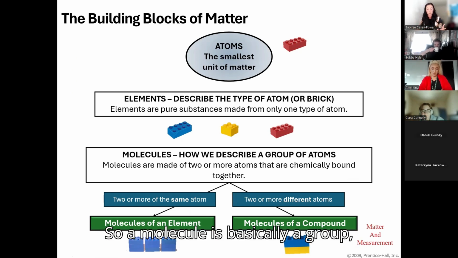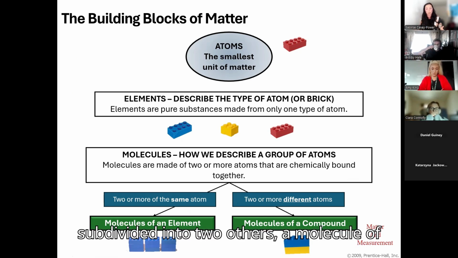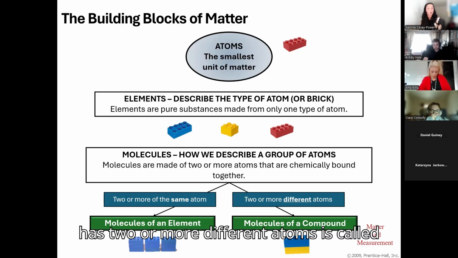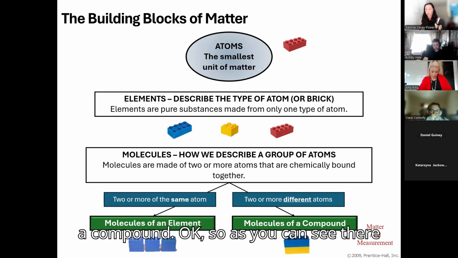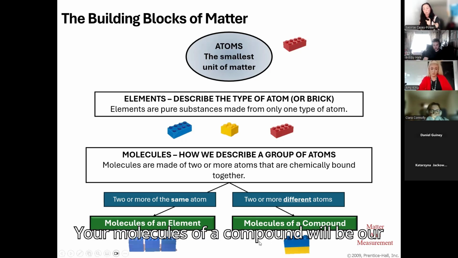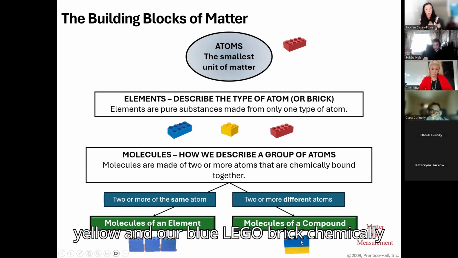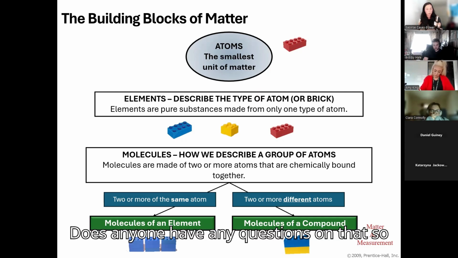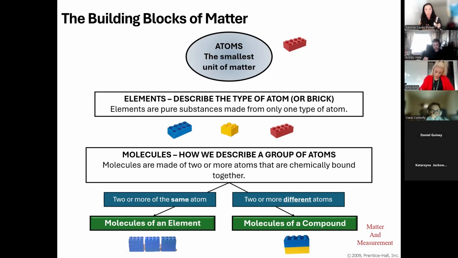So a molecule of an element has all one type of atom, and a molecule that has two or more different atoms is called a compound. As you can see in the diagram, a molecule of an element would be a stack of blue Lego bricks. A molecule of a compound would be our yellow and blue Lego bricks chemically bound together. Does anyone have any questions on that so far?